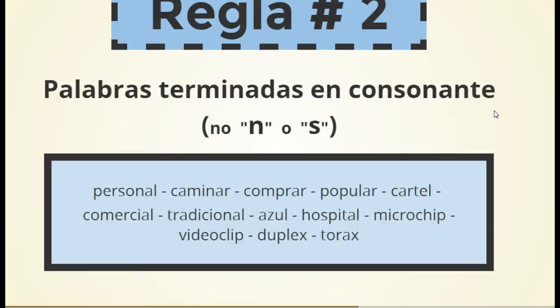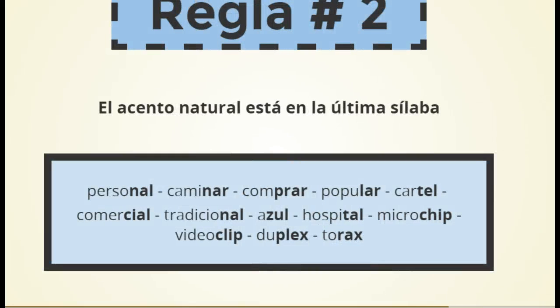Personal, caminar, comprar, popular, cartel, comercial, tradicional, azul, hospital, videoclip. So you got it. Where does the stress naturally go? It goes in the last sílaba, or sílaba número uno. That's where the natural stress goes.